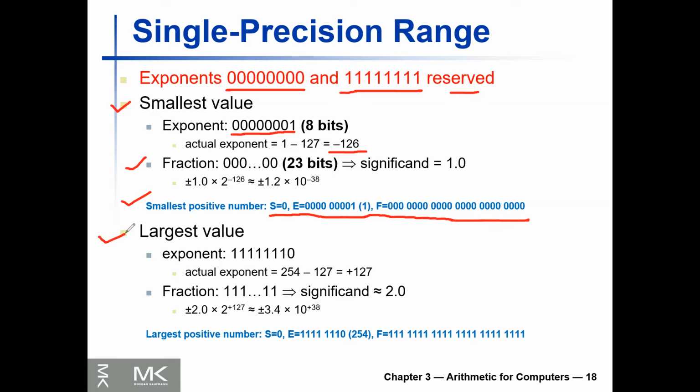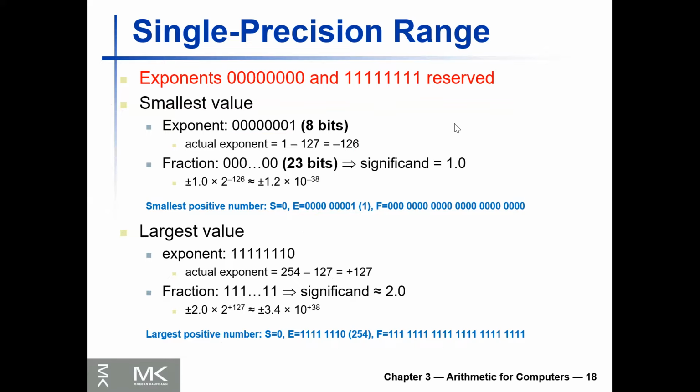Similarly, for the largest value, as all ones is reserved, it will be 1 less than that. The actual exponent will be 254 minus 127, and we can represent it this way. The significand would be all ones, and this is the largest positive number which we can represent in single precision.